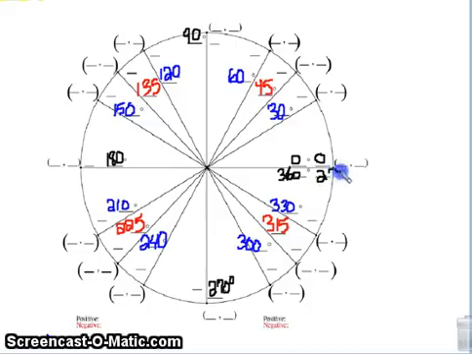So in radian measure we are starting at 0 and we are going all the way around to 2 pi. Now if this is 2 pi, what's 180 going to be? It's half of it. So it's going to be pi.